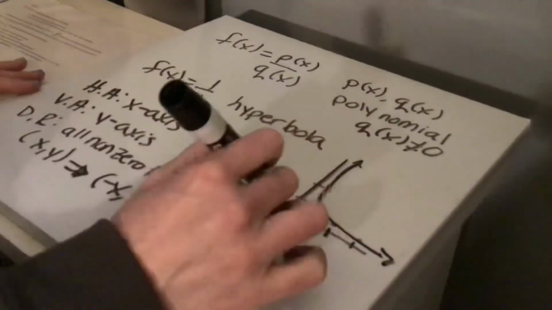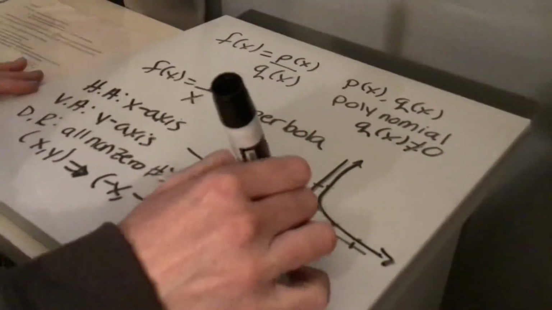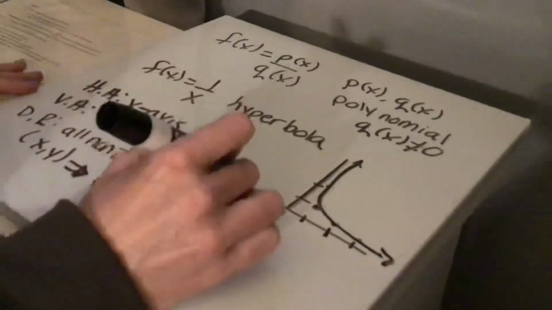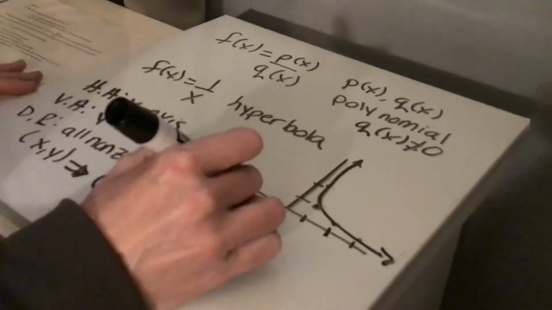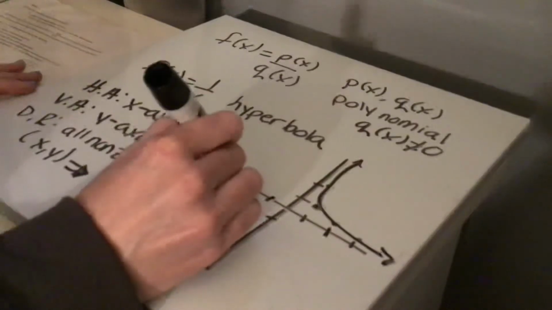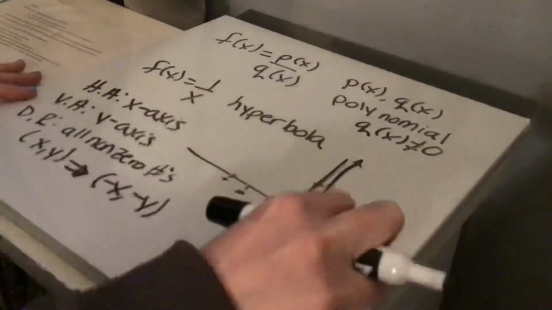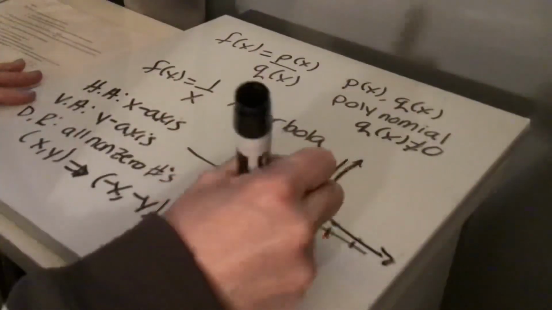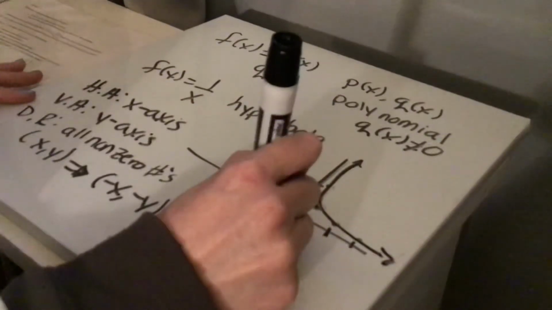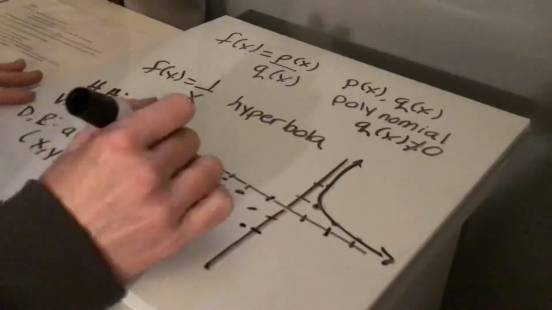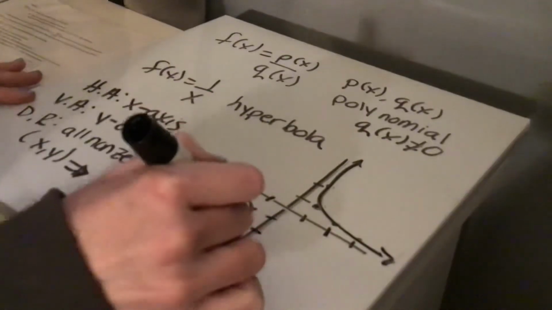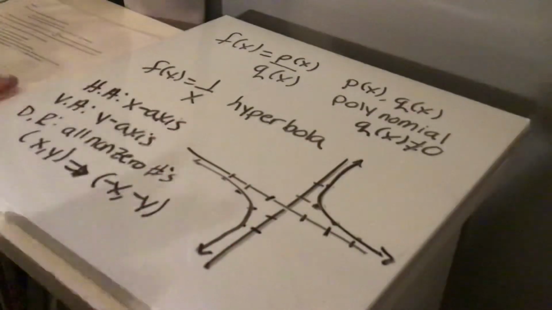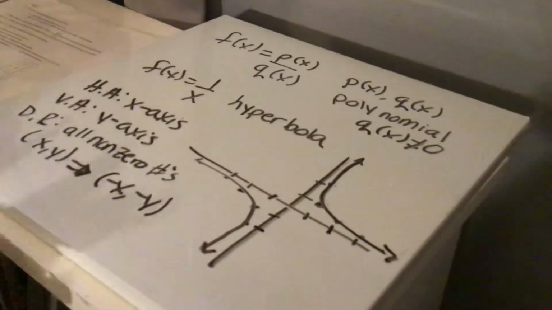Looking on the other side, when x is -1, y is -1. When x is -2, y is -1/2. -3, -1/3. So it's the opposite of these points. Then when x is -1/2, y is -2. So again, getting close to the x-axis and the y-axis, but you are never touching and never crossing those two.